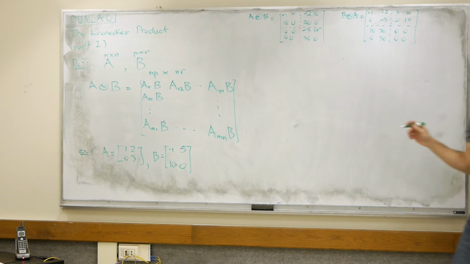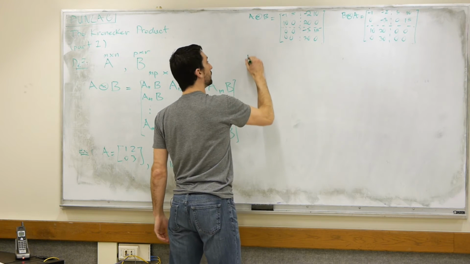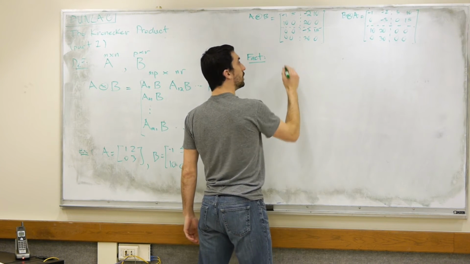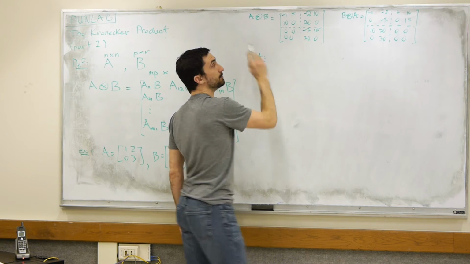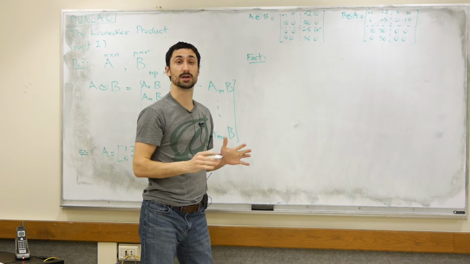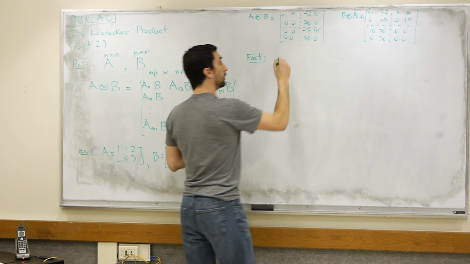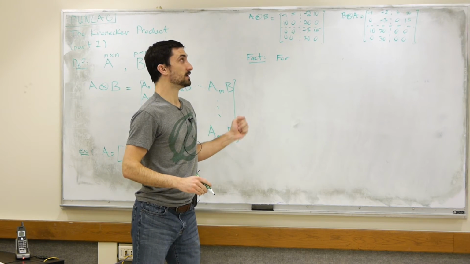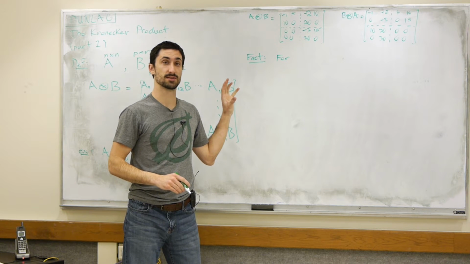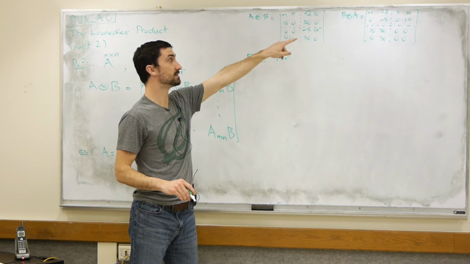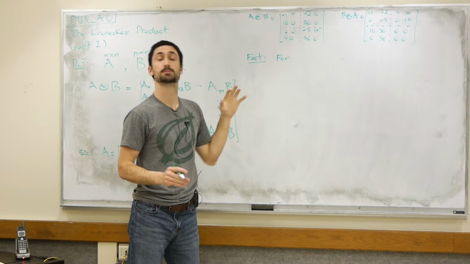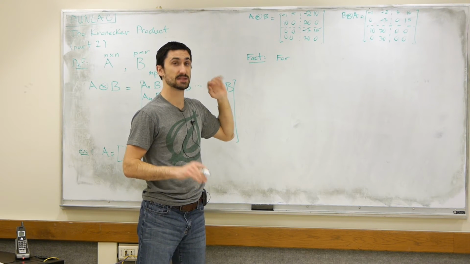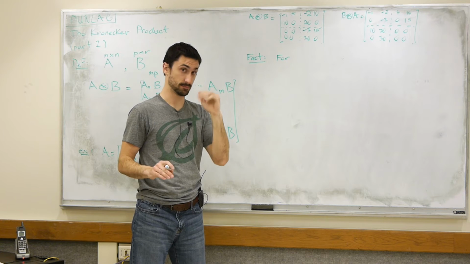It turns out that A Kronecker B is always related to B Kronecker A by permutations. Not only that, the particular permutations that relate A Kron B to B Kron A do not depend on the entries of A and B. They depend only on the dimensions of A and B.